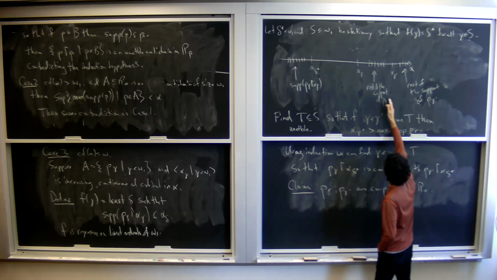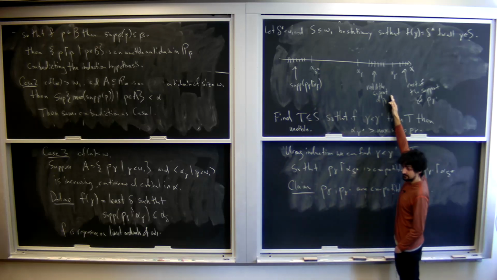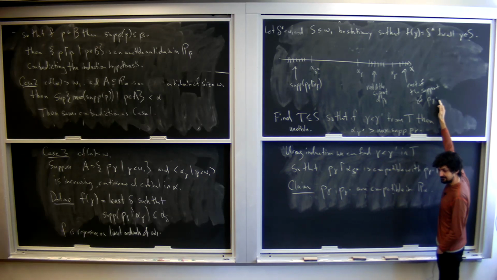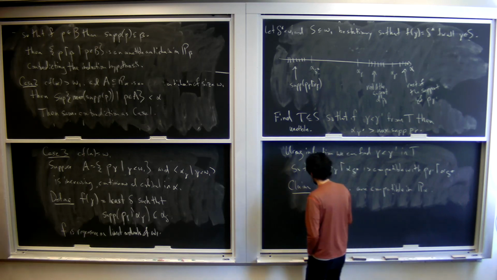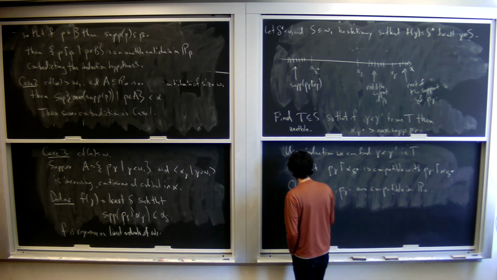Then when I add the stuff in the support of P gamma up to this alpha gamma prime, that's also an extension. And then when I add the rest, that's a further extension now to the whole length. Okay, so this.